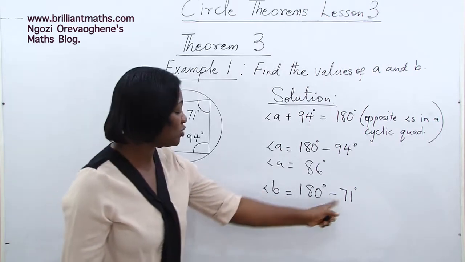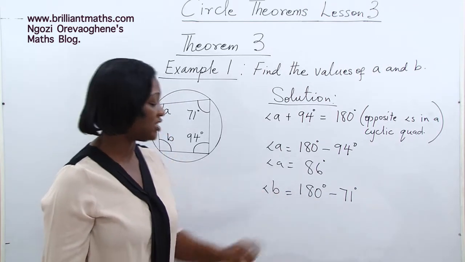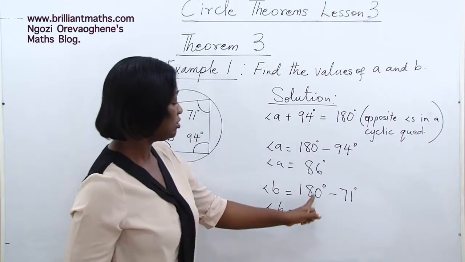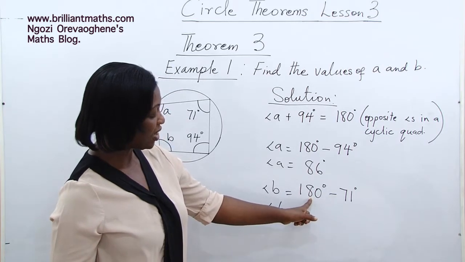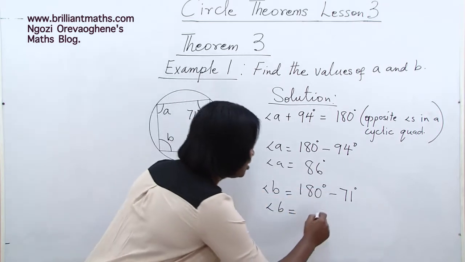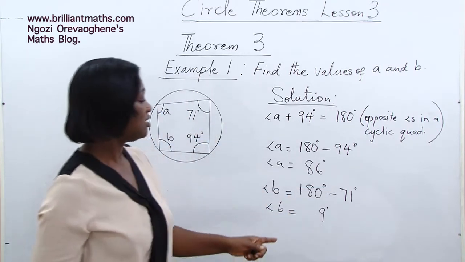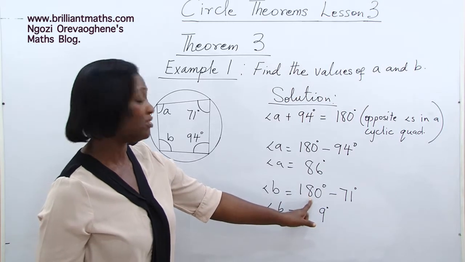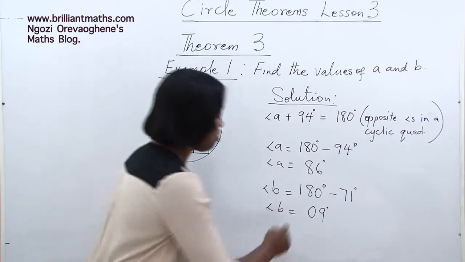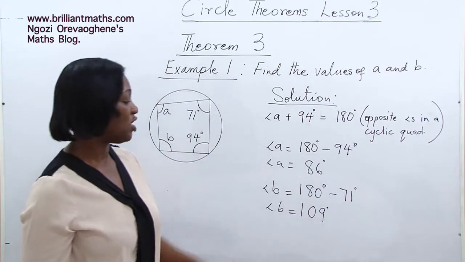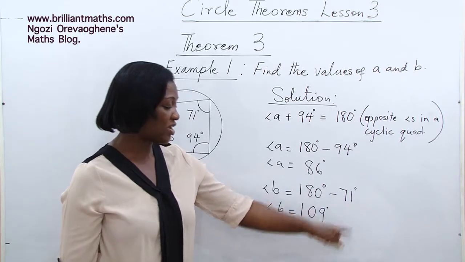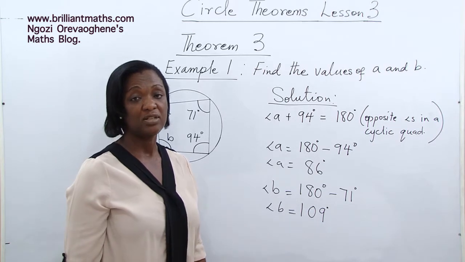So if you subtract 71 degrees from 180, you should get the value of angle B. Borrow 1 from 8 because we can't take 1 from 0, so it becomes 10. 10 take away 1 is 9. We have 7 left. 7 take away 7 is 0. And then 1. So the value of angle B is 109 degrees. And if you add 109 degrees to 71 degrees, you'll get 180 degrees.